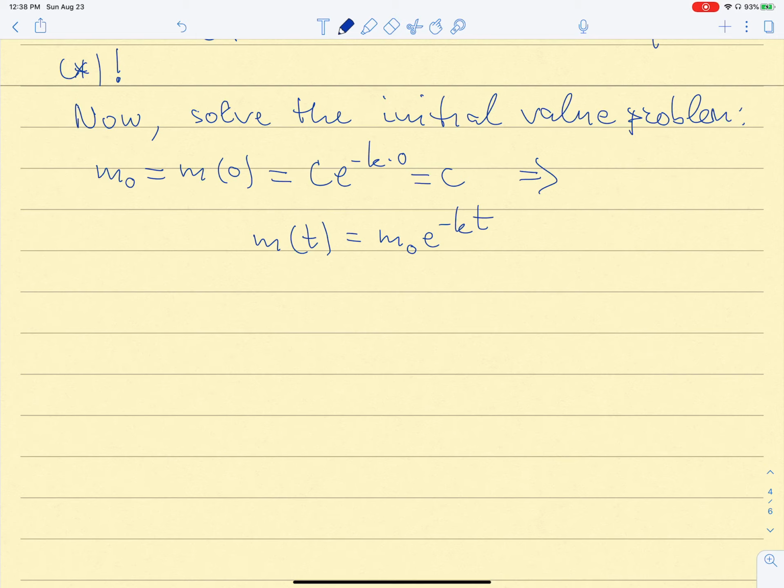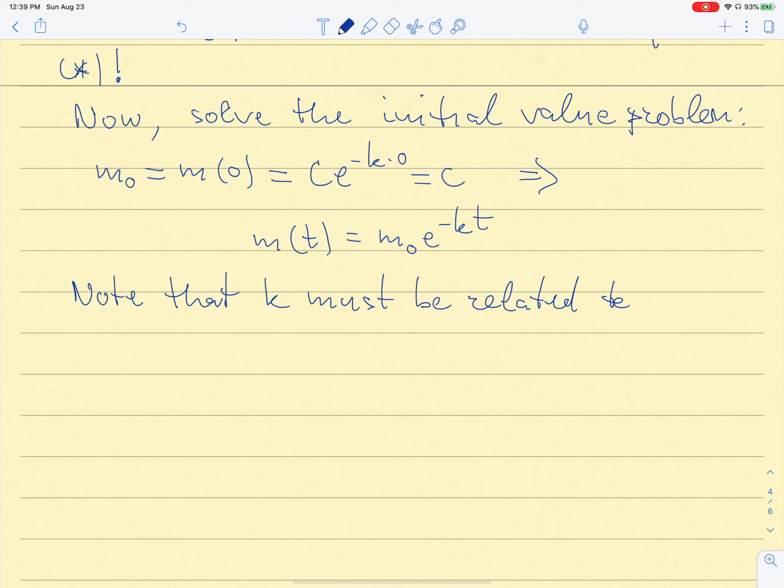So I'm just going to write here the note that k must be related to half-life T1 half.